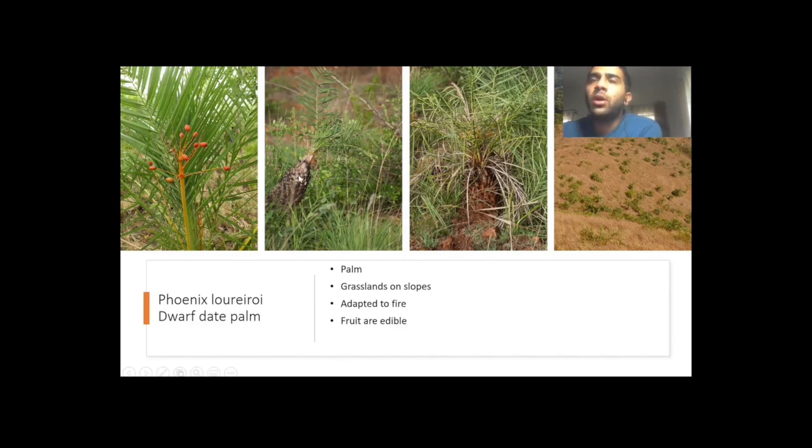See here, you can see some little burnt edges, but they grow very slowly. So they can be quite old, even if they look small. A lot of the wildlife like the fruit. I think bears also like the fruit, and I think people collect it to make brooms sometimes and things like that. So it is one of the palms you should be able to find.